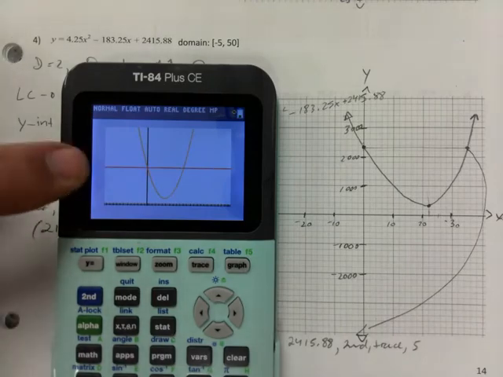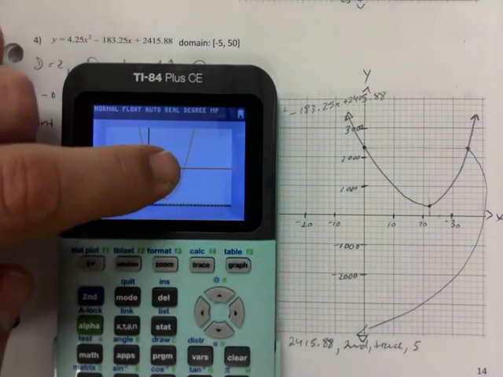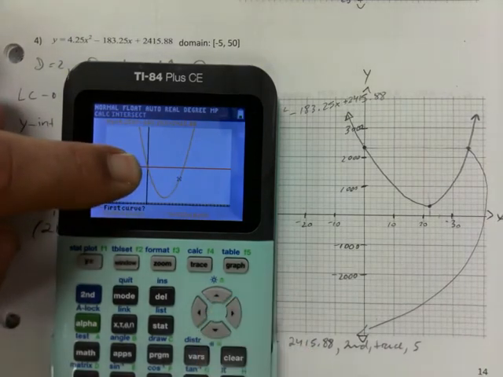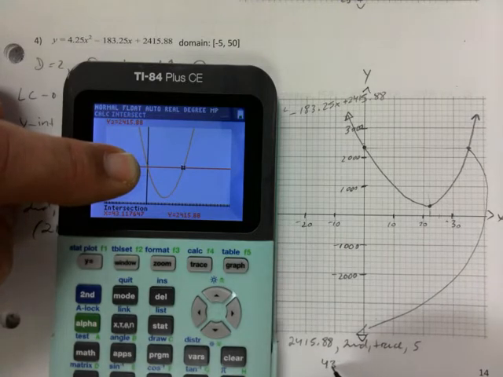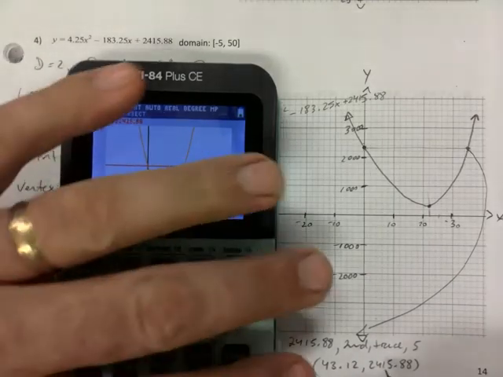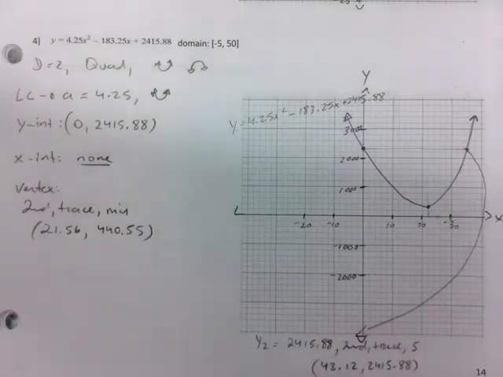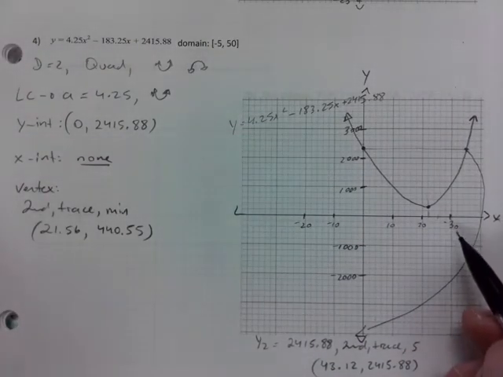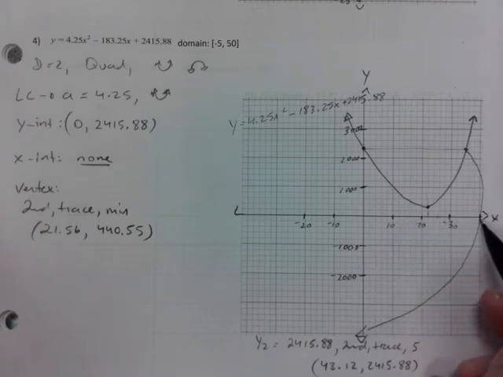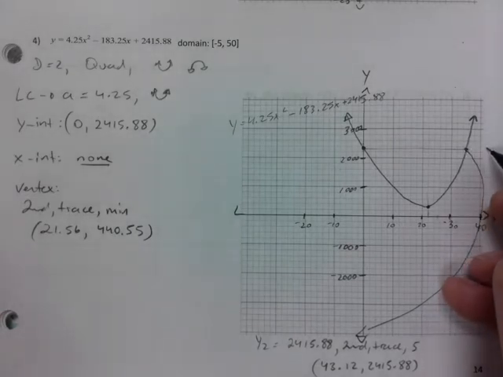You graph it like that. It's going to draw a line through there. And then we're going to find the intersect on this side. We already know that this is the y-intercept, right? And so that is 43.12, 2415.88, which is what you expected, right? And so then you sort of know, like if this is 10, 20, 30, this is 40 here. So technically this should have been out here.